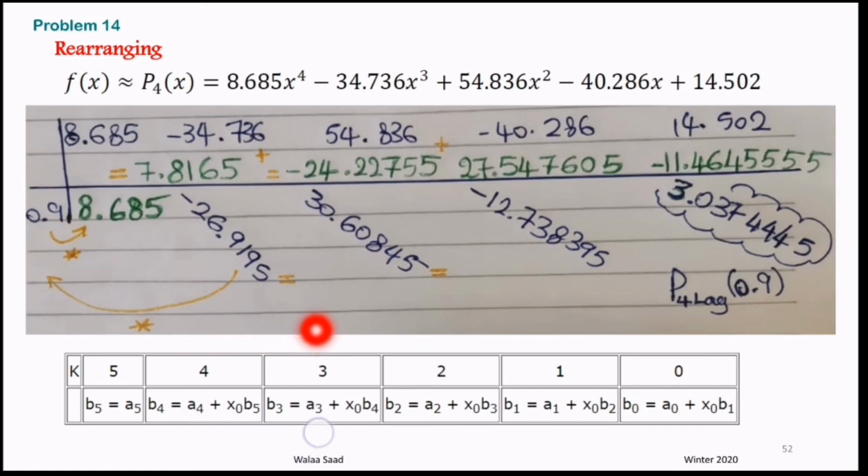And then here the x power 3 coefficient is added to x node, which is the 0.9, the arbitrary x value that we are dealing with, times b4, or the value we got here, and so on till we find here the P4 of 0.9. So this is the evaluation of the fourth degree polynomial at x equals 0.9. And of course, this polynomial was deduced from the Lagrangian method.